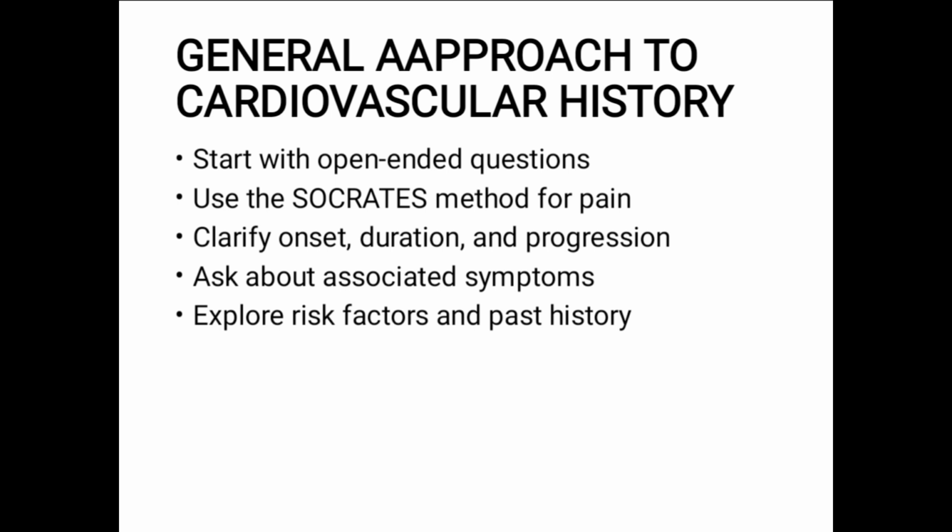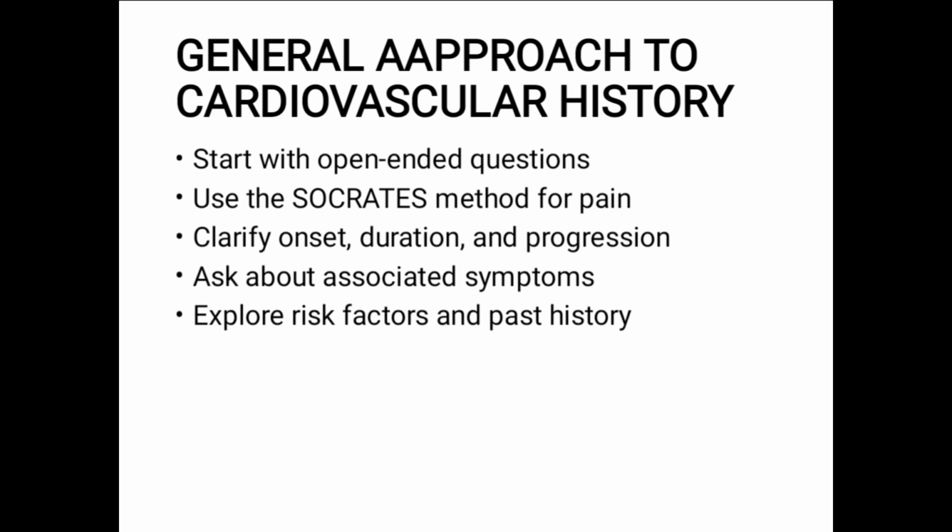A good cardiovascular history starts broad and narrows down. For chest pain, you're supposed to use the SOCRATES mnemonic, which is very useful. Always explore associated symptoms like dizziness, syncope, or swelling, and don't forget to check the cardiovascular risk factors.